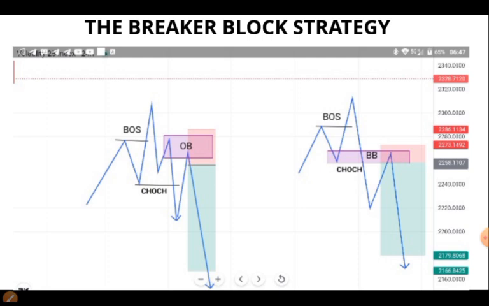Just in case you find the things I'm going to say a bit different from what you've been hearing or what you already know about breaker block, I'm going to teach you the way I know it, the way I trade it, and the way it works for me.